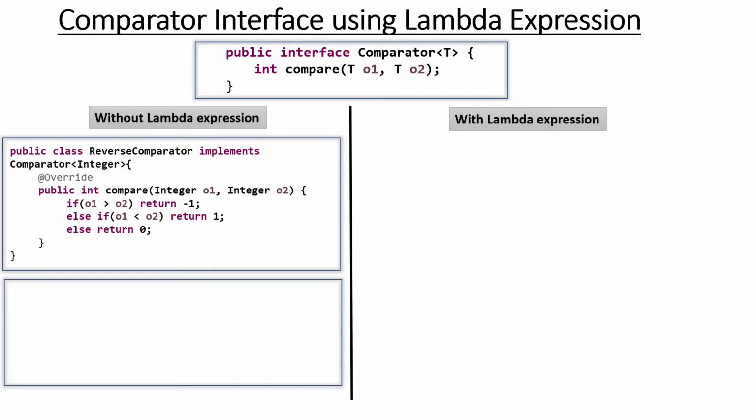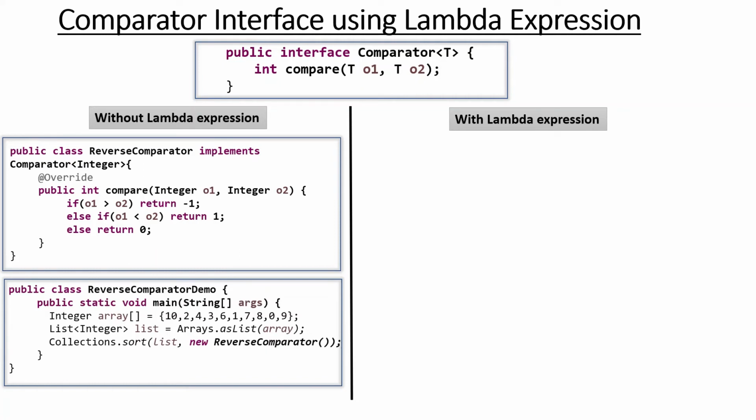Public class ReverseComparatorDemo, which is having a public static void main method, and inside this we have an array of integers. We have converted it to the list and then used it to sort with Collections. The usage looks something like Collections.sort(list, new ReverseComparator()).